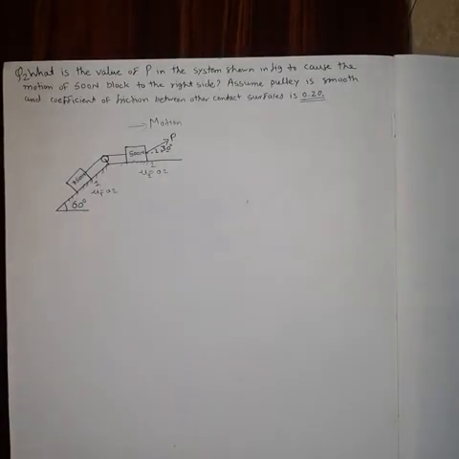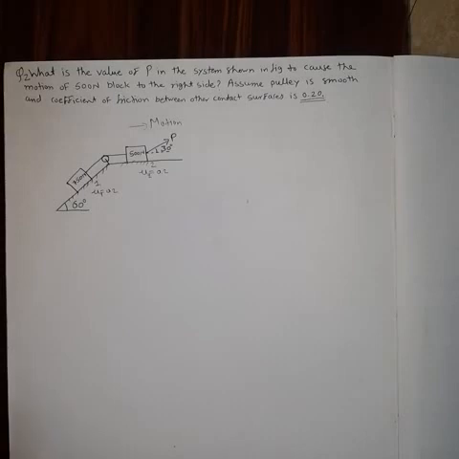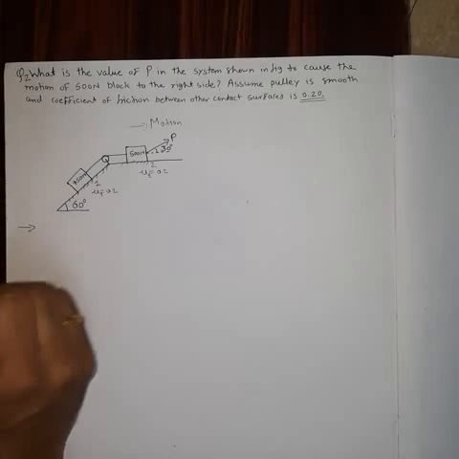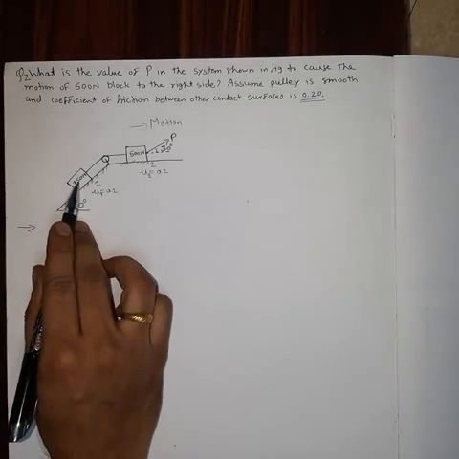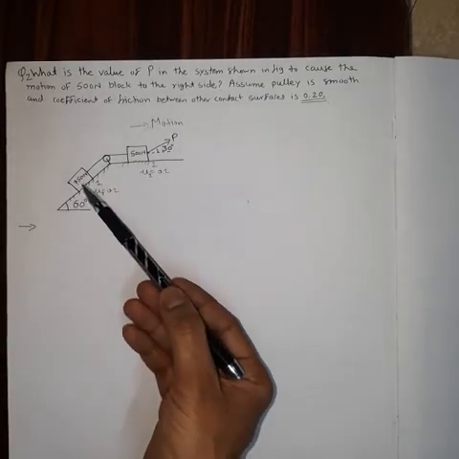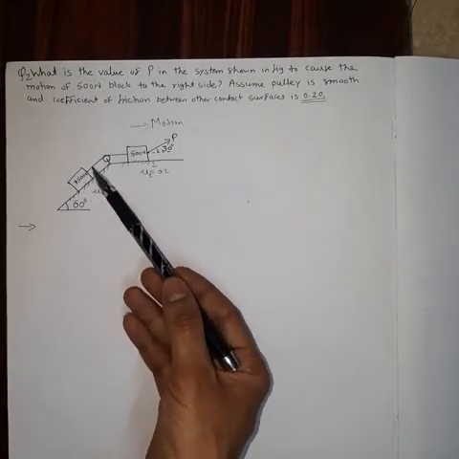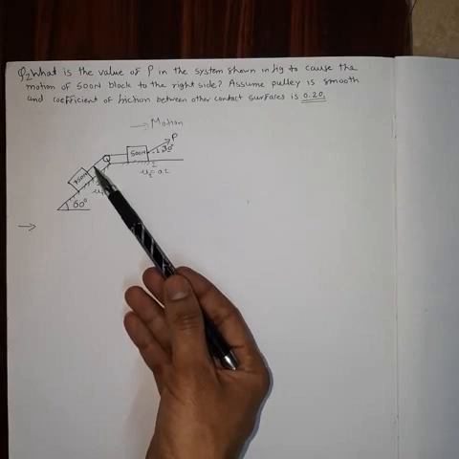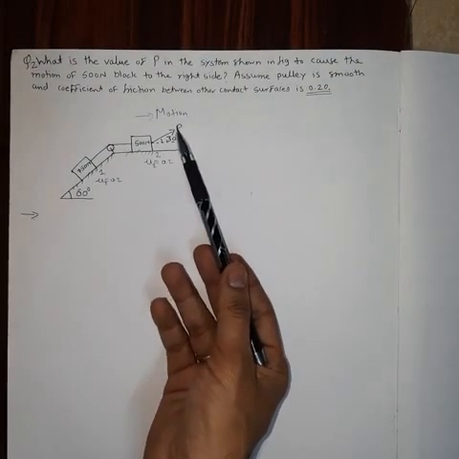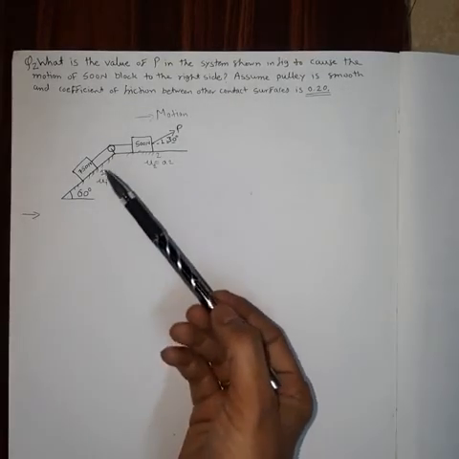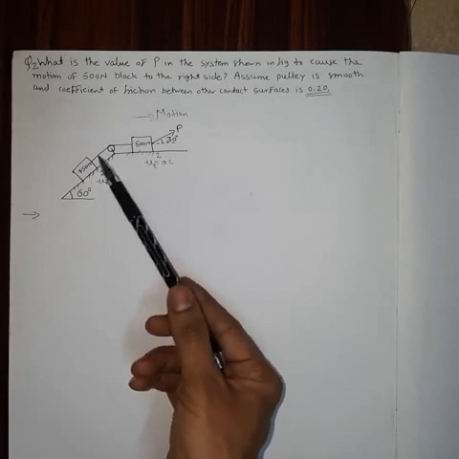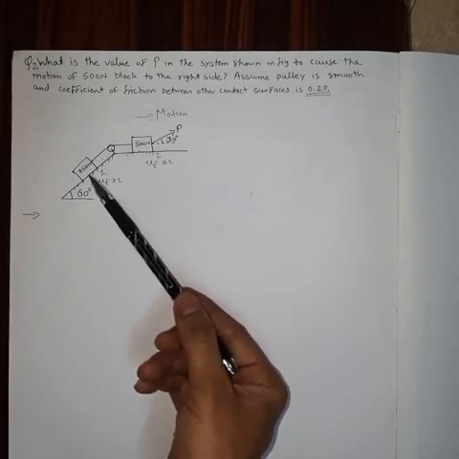Using the free body diagram, we first have to draw the free body diagram of the 750 Newton block. The methodology of solving this numerical will be drawing the FBD of this 750 Newton block, determining the tension in the string T, and using that value of T determining the value of P. In terms of unknowns, here there are two: tension, and friction force with normal reaction.